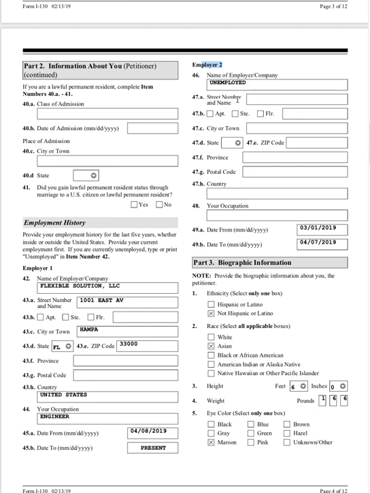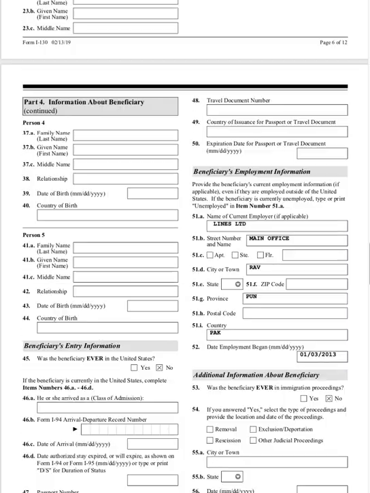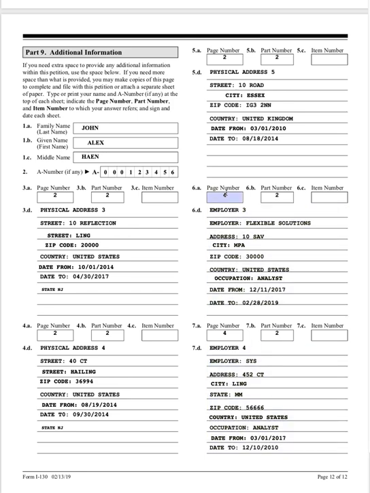I was unemployed at that time, so I entered employer 2. Now I'm going to enter the information for employer 3. So here again, page number 4, this is the continuation of part number 2. You can see it on the top left corner of the page. I enter employer 3, employer name, who was my employer, their address, city, state, and my occupation, what I was doing over there, date from, and date to.